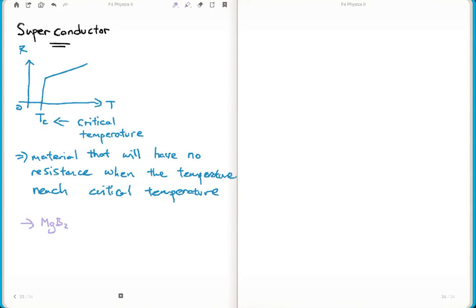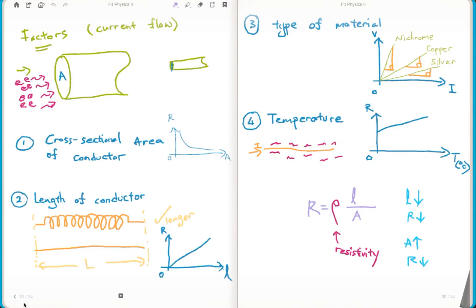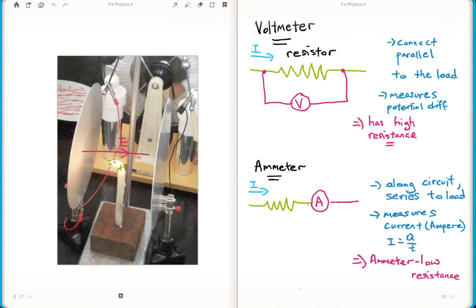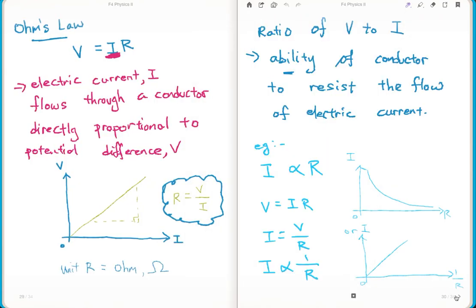You may pause this video and go through the questions related to resistance, resistor, the factors affecting it, Ohm's Law, etc. And some questions related to voltmeter, ammeter. You need to really read through your reference text.